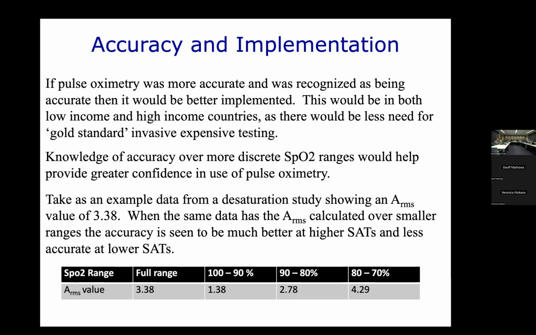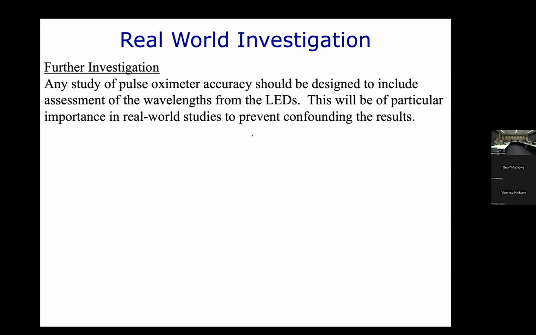And I think most people using pulse oximetry are interested from about 85 to 95, and whether you're in that range, above it or below it. But I do think it's important that we maintain the whole range, but break it up into smaller sections. The amount that we break it up is something that would need to be decided. But I think that's really important to help people understand pulse oximetry better.